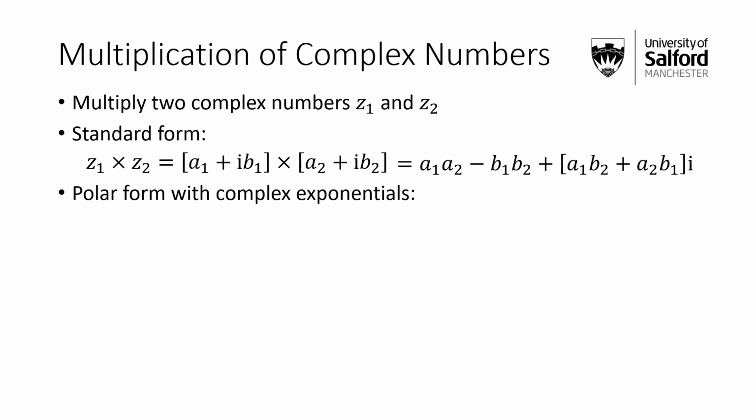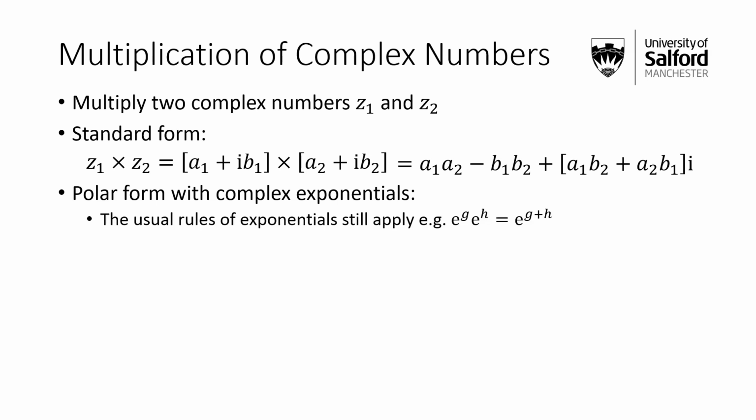Polar form with complex exponentials. What's good is that the usual rules of exponentials still apply. If I've got something to the g and something to the h with the same base, where g and h are just some numbers, integers or real numbers or whatever, then I just get e to the g plus h, and that actually still works with complex exponents as well.